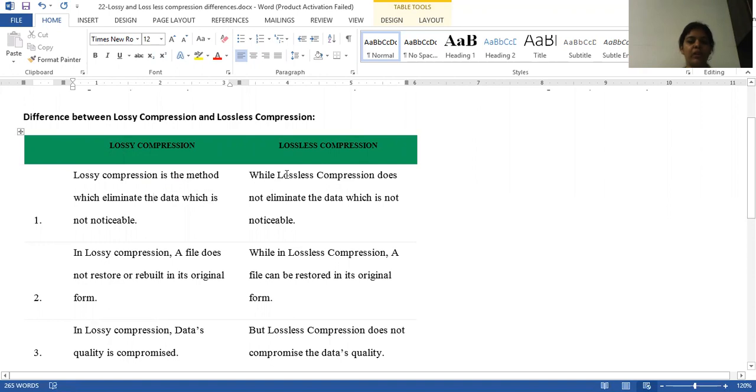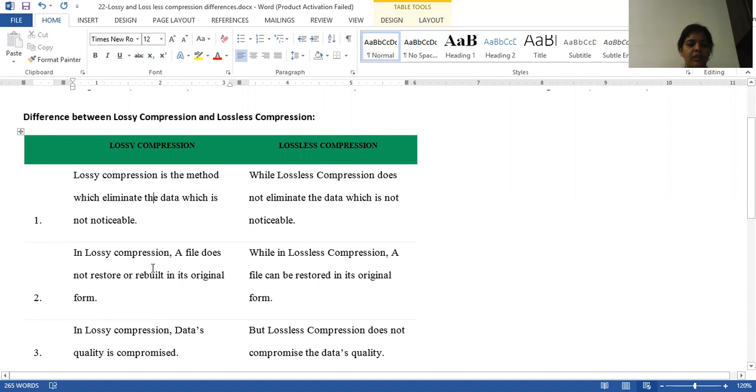Lossless compression does not eliminate the data which is not noticeable. In this scenario the whole data is compressed one by one, and data isn't lost. Therefore it is named lossless compression.